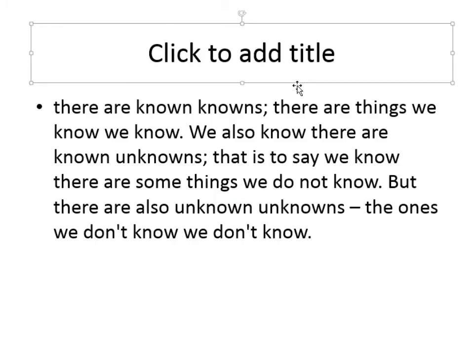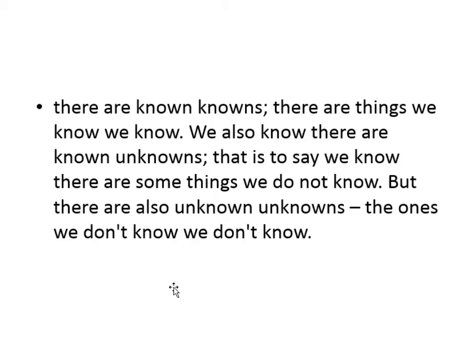There are knowns, so things that you know. So for a business, it might be something that is going to happen, and what the impact on the business is going to be. We also know there are known unknowns. That is to say, we know there are some things we do not know. So there are going to be a lot of those for businesses as well.